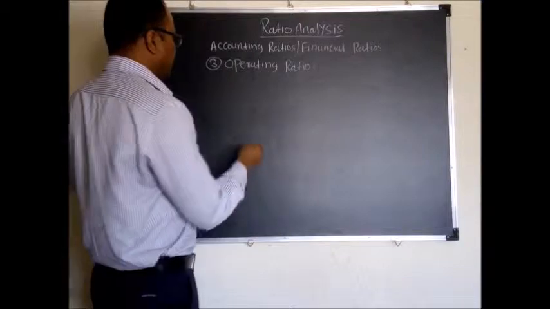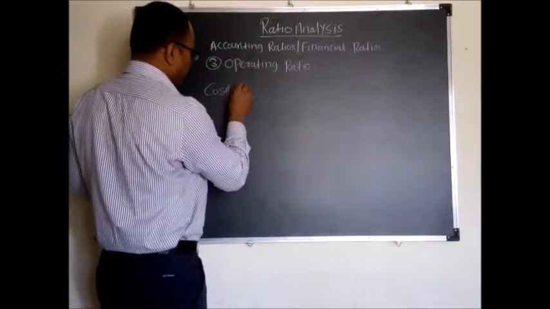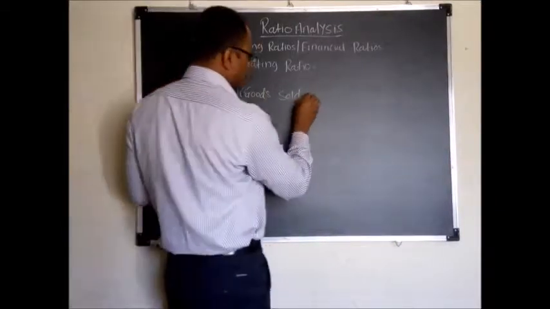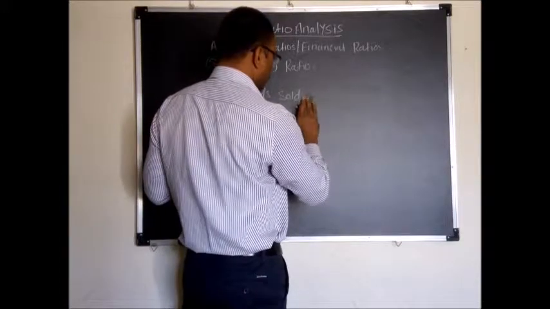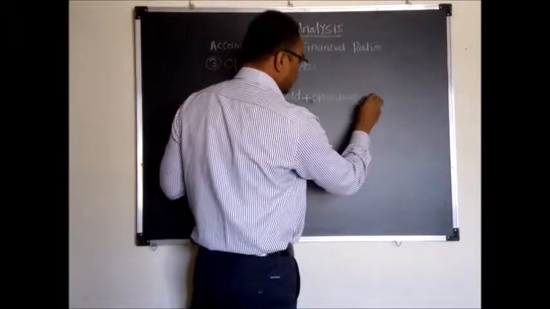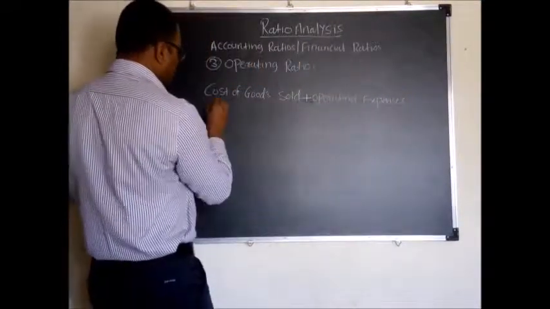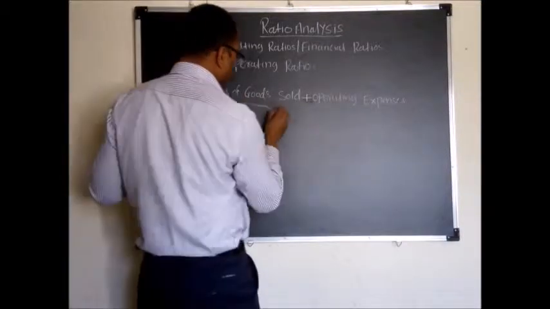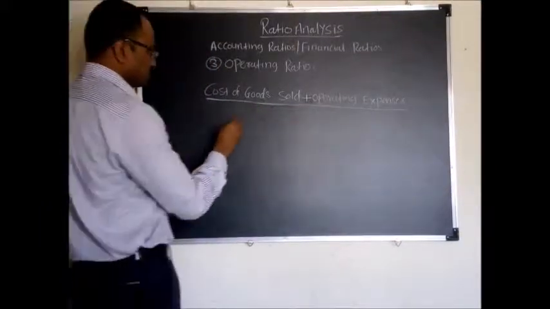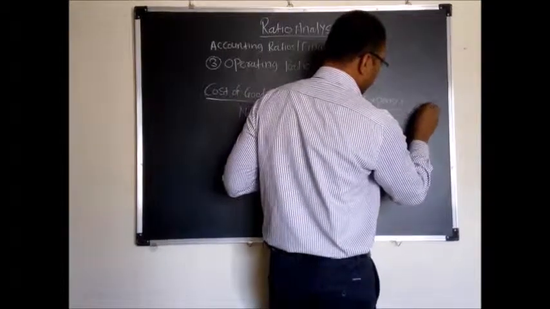Operating ratio is calculated by using this formula: cost of goods sold plus operating expenses, divided by net sales, into 100.